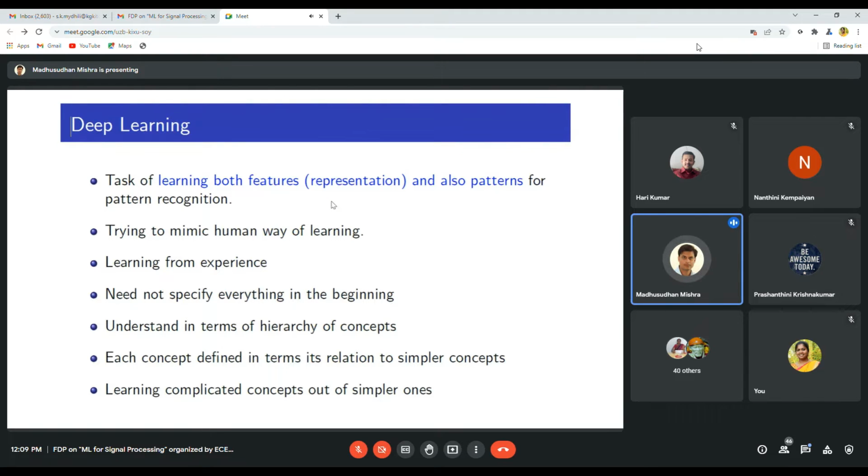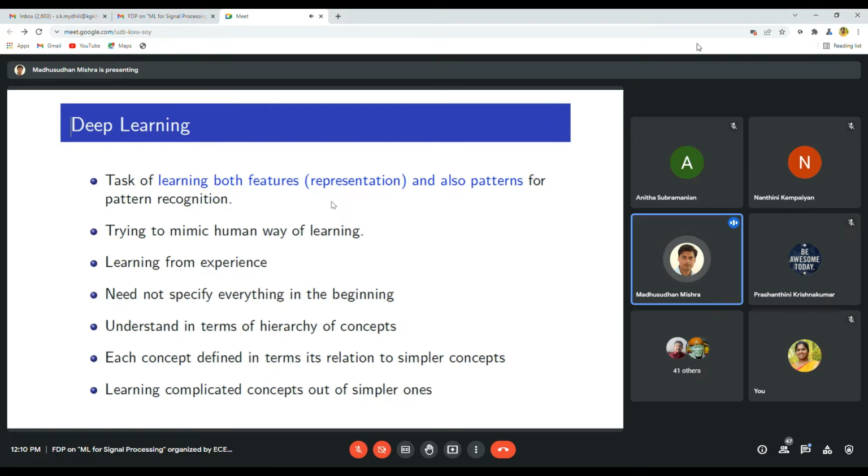There are certain drawbacks associated with machine learning. As we discussed, machine learning requires some features in order to classify. But deep learning can directly learn from the raw data.